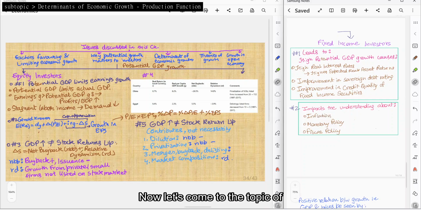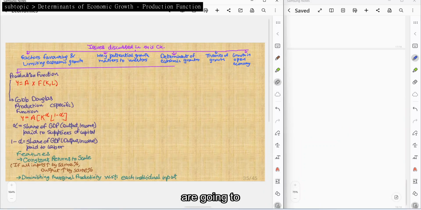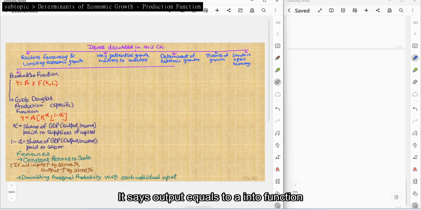Now let's come to the topic of determinants of economic growth. Here we are going to be introduced to the concept of production function. This is the general equation for production function. It says output equals A into a function of capital and labor.